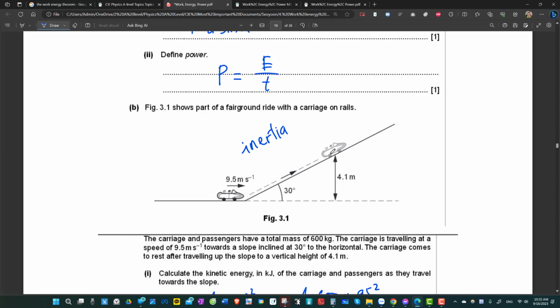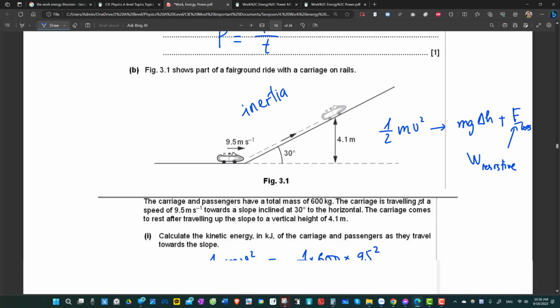So this kinetic energy 1/2 mv² will convert into the potential energy mg delta h, and the difference between the two things, there's some energy loss. We say energy loss is equal to the work done by the resistive force.